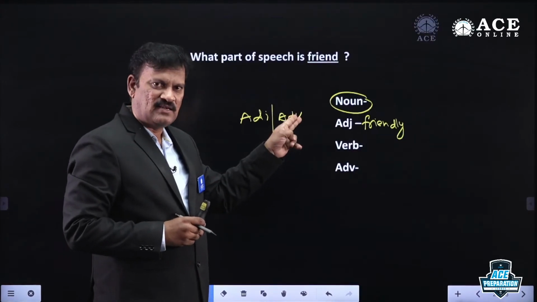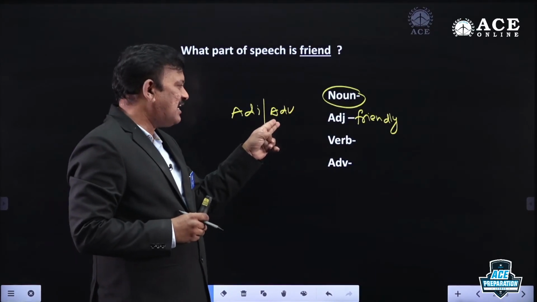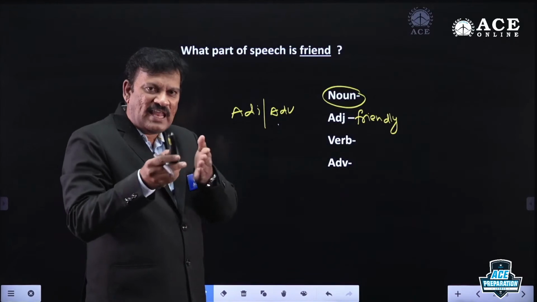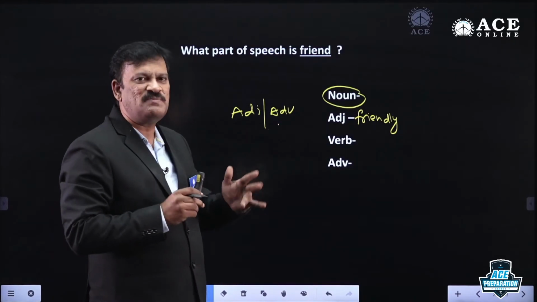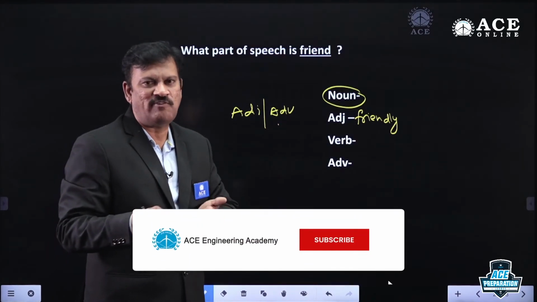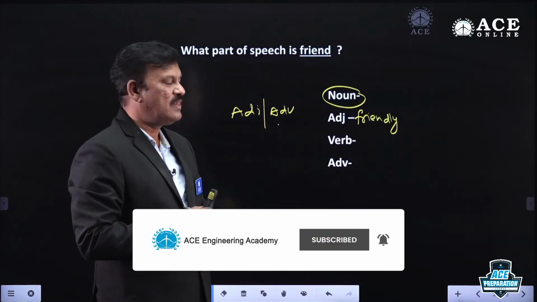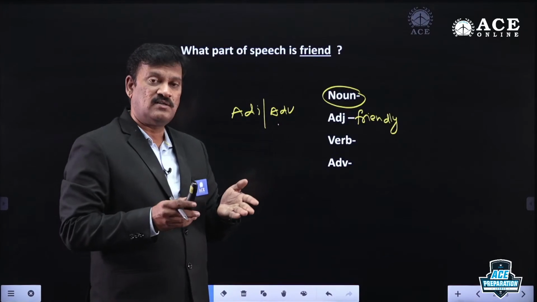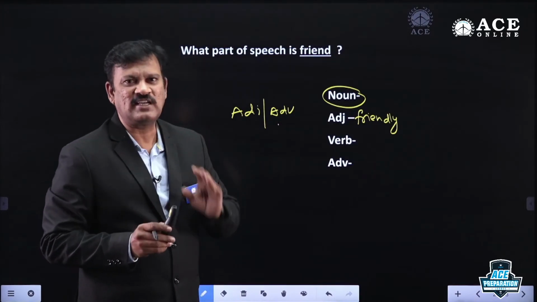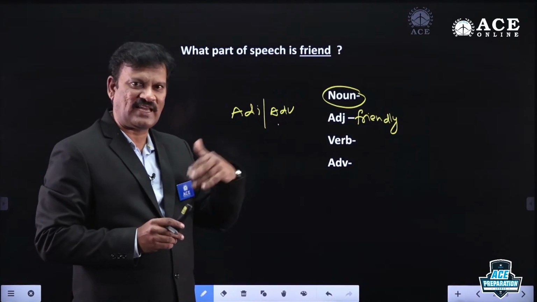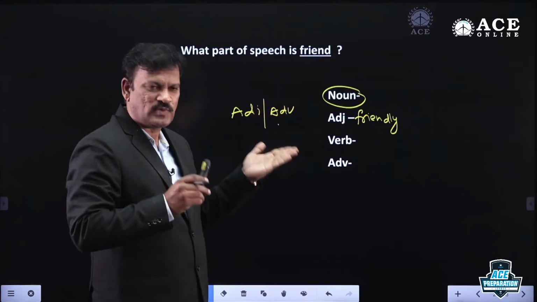I told you this, adverbs generally with that ly form I can make out, doesn't mean always, these ly words are adverbs. Sometimes they can be adjectives too. And some adverbs are without ly form also. So there is a little confusion. That is what we are going to learn in the second part. As I said, this is what first you recognize them.